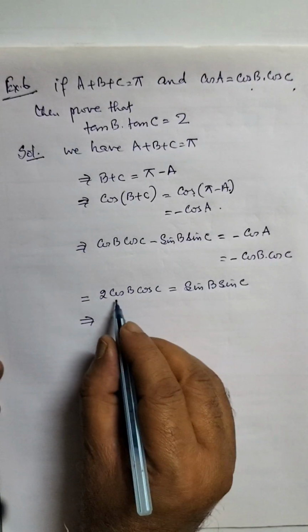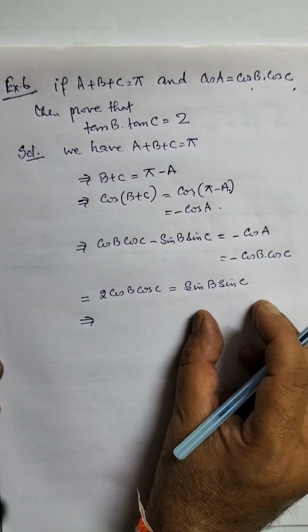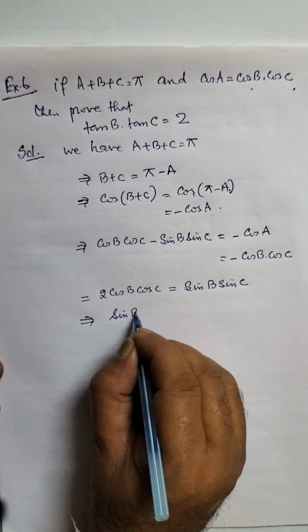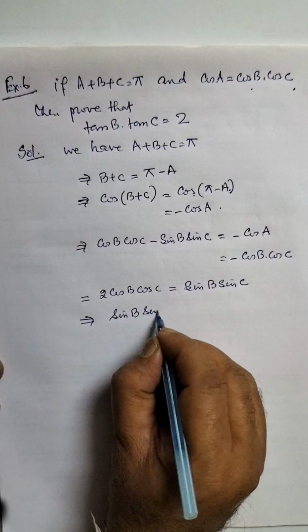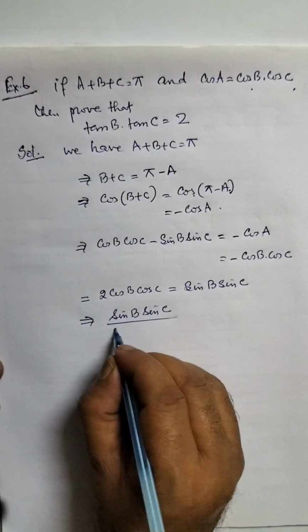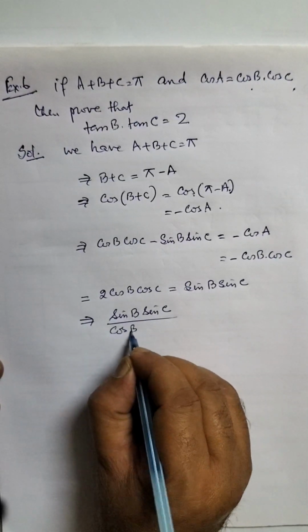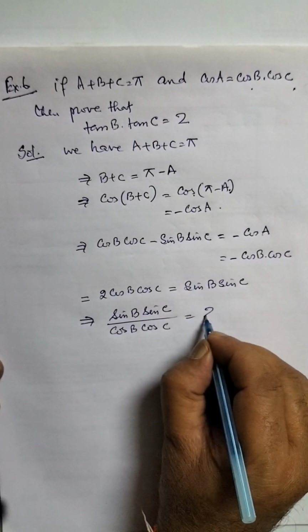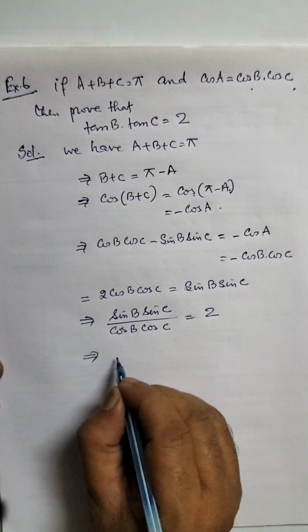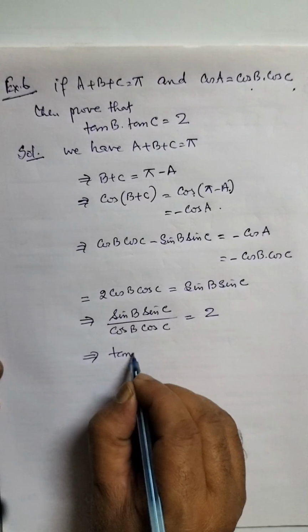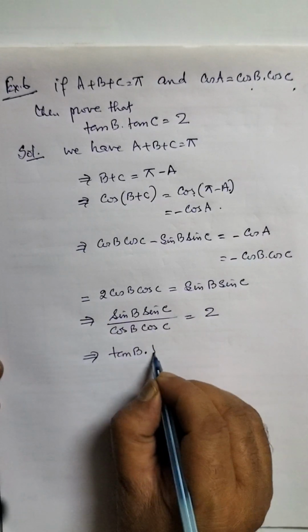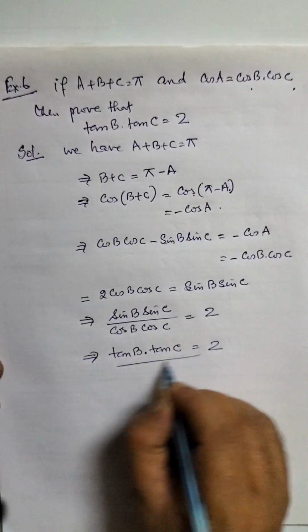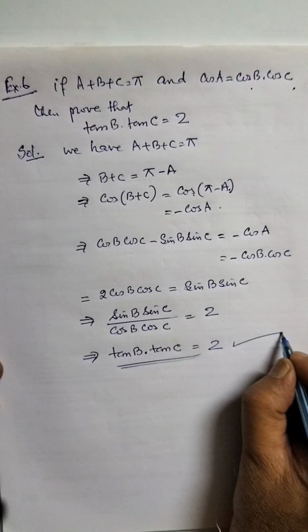Again, taking this cos below this, we get sin b times sin c upon cos b times cos c is 2, which is nothing but tan b tan c is equal to 2 is our answer.